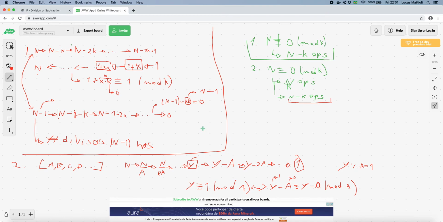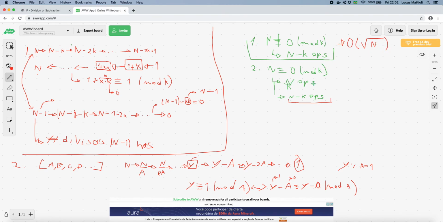Okay, so for case 1, what we need to do is, again, calculate the number of divisors of n minus 1, and we can do the calculating of the divisors in complexity O of square root of n.